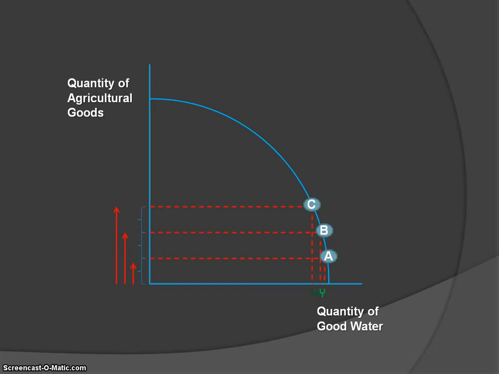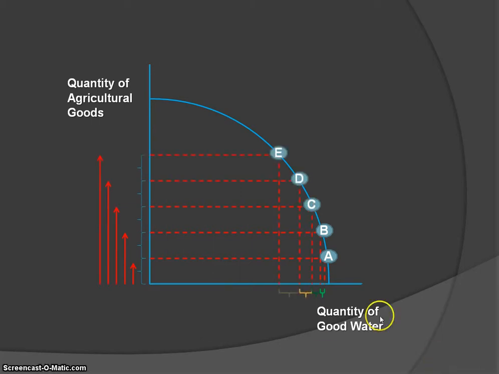And we know that we will lose a little bit more good water quality because each time we increase our production of agricultural goods utilizing the initial fertilizer, that fertilizer corrupts the good water supply, creating now bad water. So therefore the quantity of good water doesn't just fall, but it falls in larger and larger amounts each time.